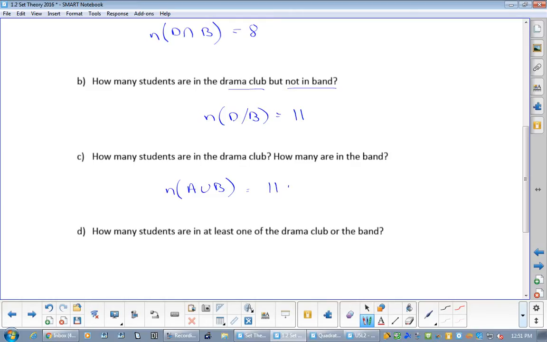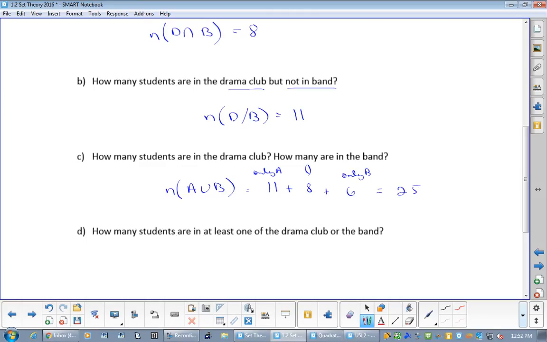Plus, so this is only A. Next would be like the football, which is 8 plus only B. So the answer would be 25.